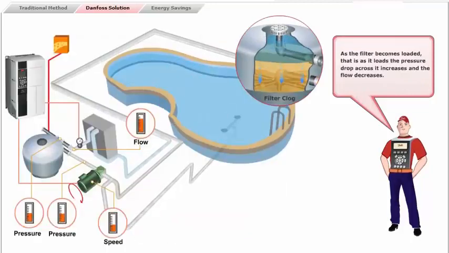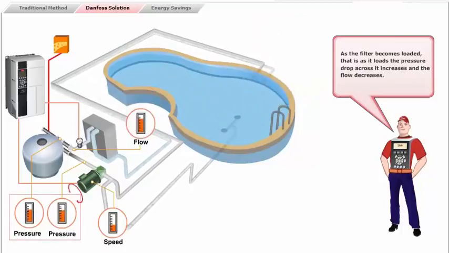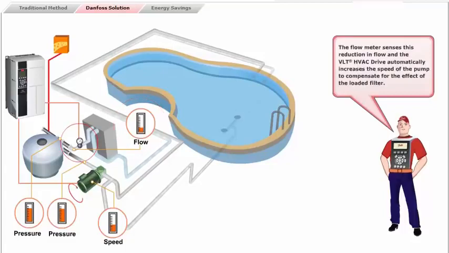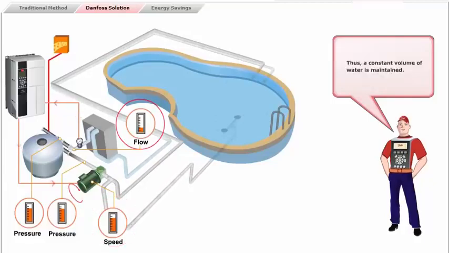As the filter becomes loaded, the pressure drop across it increases, and the flow decreases. The flow meter senses this reduction in flow, and the VLT HVAC drive automatically increases the speed of the pump to compensate for the effect of the loaded filter. Thus, a constant volume of water is maintained.